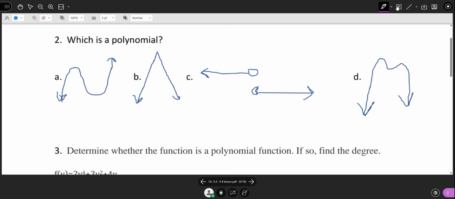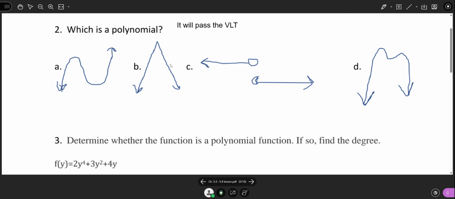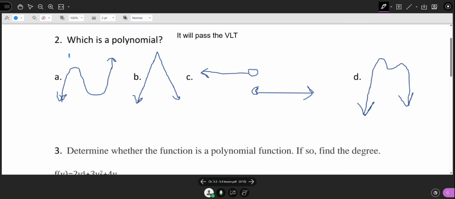Another piece of information that goes with this is that it will pass the vertical line test. So if I put a vertical line anywhere on this curve, it only cuts that curve one time.